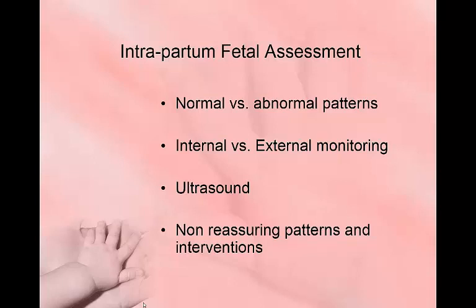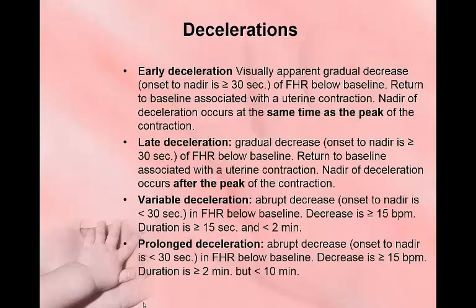But basically, we're assessing the fetus with ultrasound. We're looking for fetal movement in utero. We're looking at the fluid level around the baby, just different things that we can take a look at to assess fetal status. And then we're going to talk about non-reassuring fetal heart rate patterns and what our role is, what nursing interventions we're going to do if we see them.